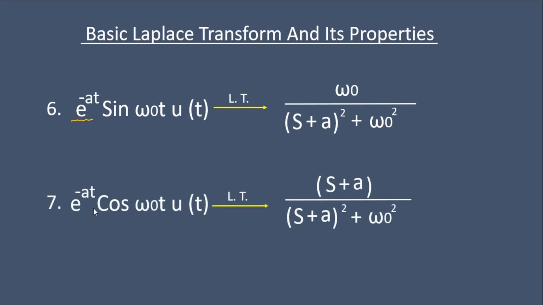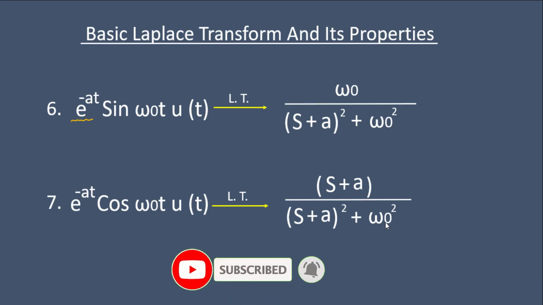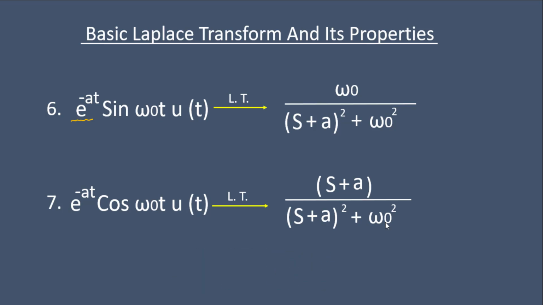Then we have e raised to minus a t cos of omega naught t u of t. Its Laplace transform is s plus a upon s plus a whole bracket square plus omega naught square. So this was a basic study of the step signal and its important Laplace transforms with the properties. In the next lecture, we will solve some basic questions on Laplace transform of step signals.